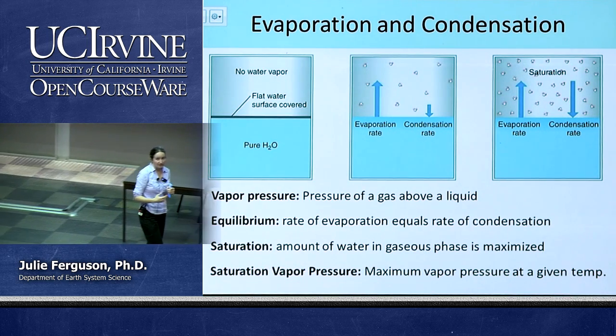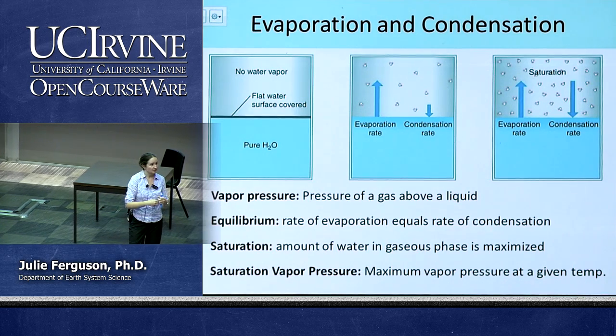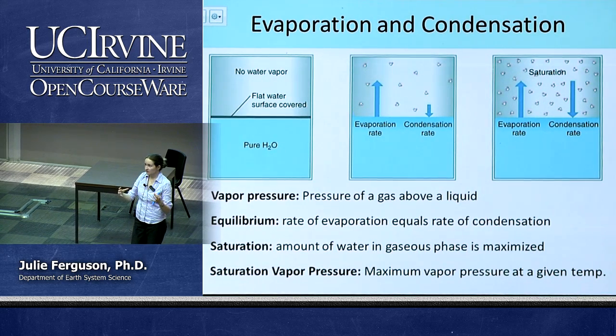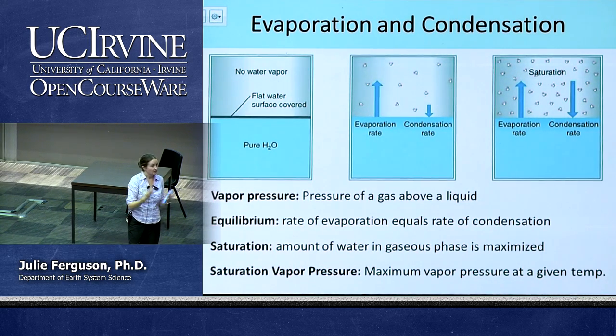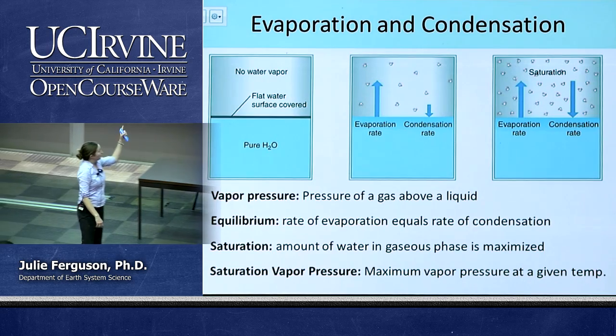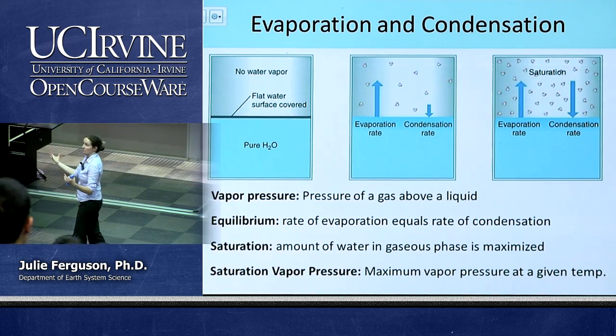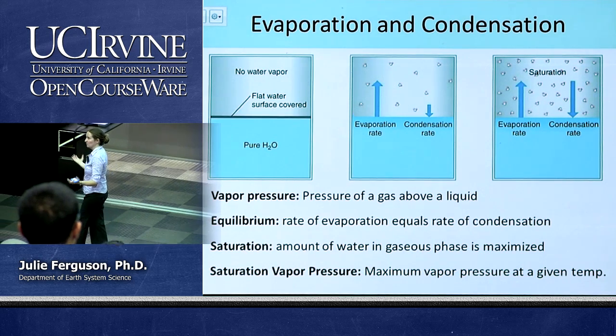In my third diagram, I have a lot of water molecules. Okay? So they're all going to be moving around and colliding with the sides. They're going to create a higher vapor pressure. Does that make sense? Yeah, hopefully. And when we're at saturation, the vapor pressure at that point is called the saturation vapor pressure.